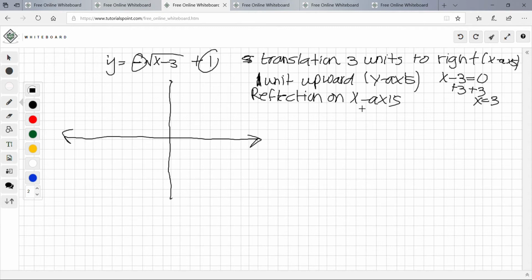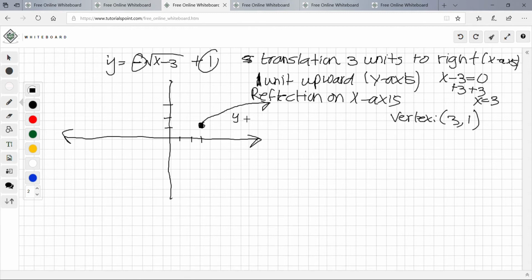And then what is our vertex? Our vertex is the x value, which is 3, and then a y value, which is 1. So vertex is 3, 1. So here's 3, here's 1. And then we know remember the square root graph looks like this.